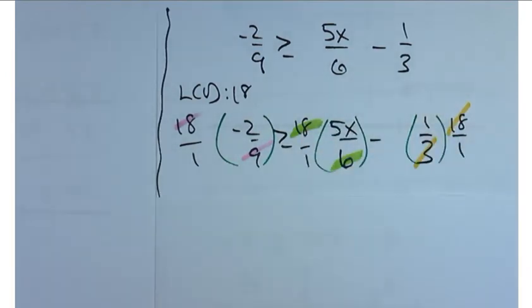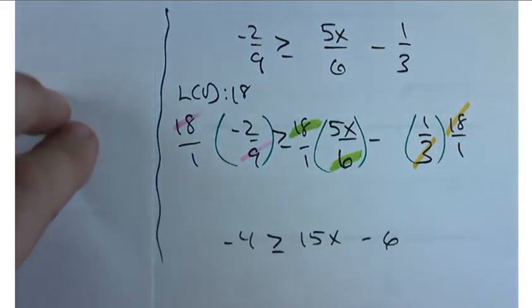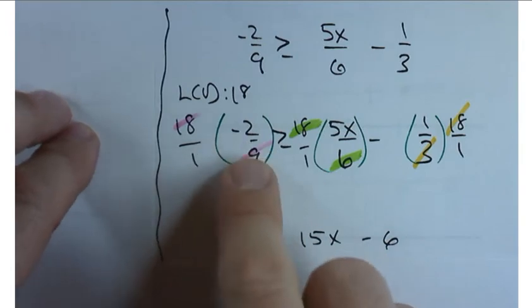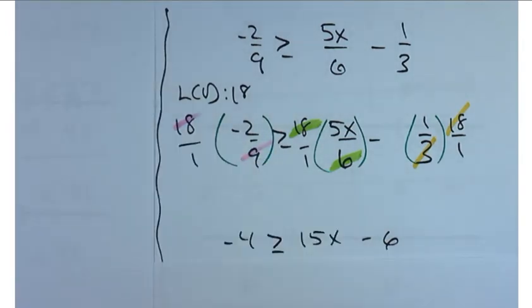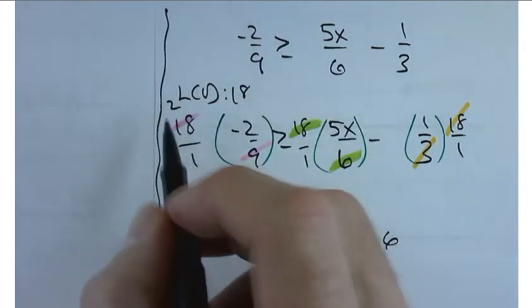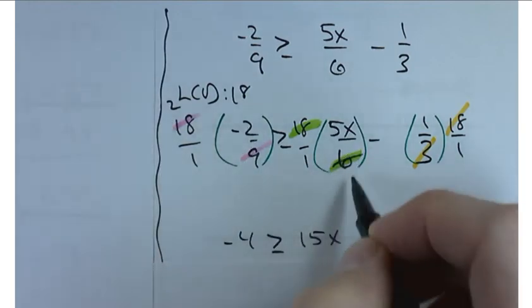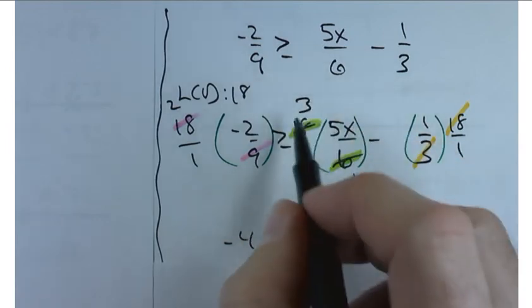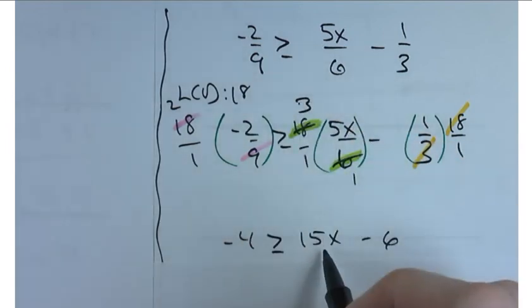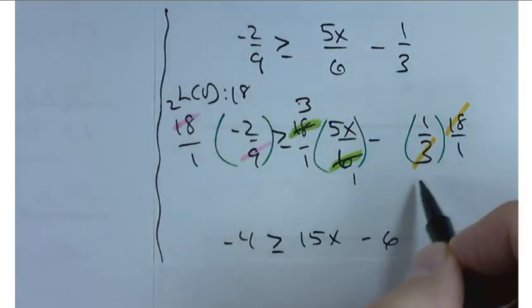Now all of these are going to result in some cancellation. So let's see what we get. 9 goes into 18 twice. 2 times negative 2 gives me a negative 4. 6 goes into 6 once and into 18 3 times. 3 times 5x is 15x. And last but not least, here I'll get a 1, here I'll get a 6.